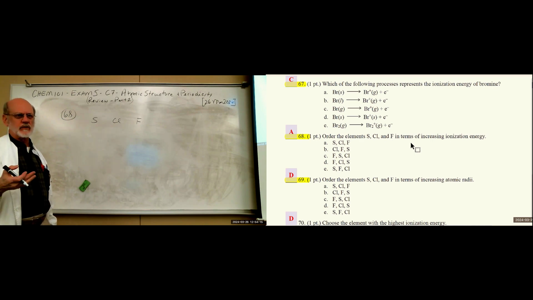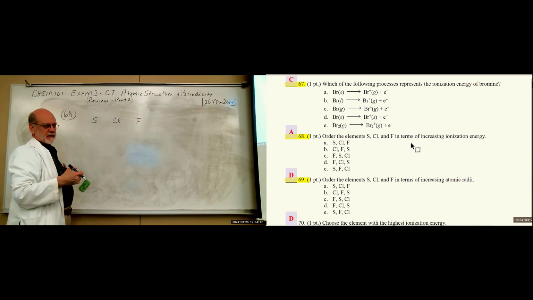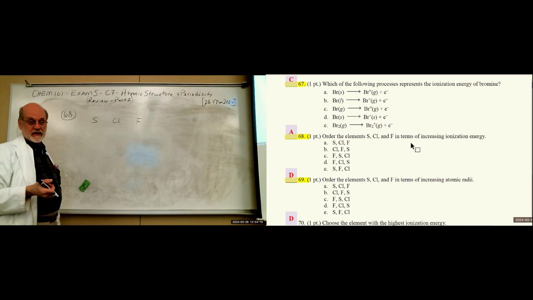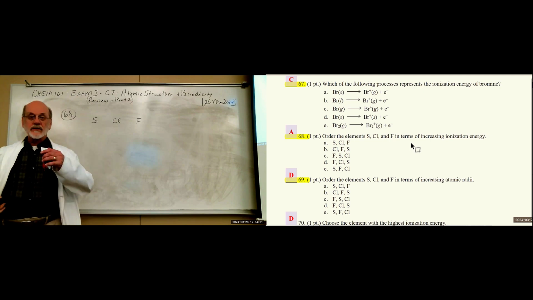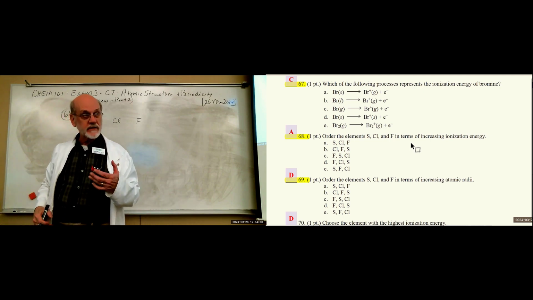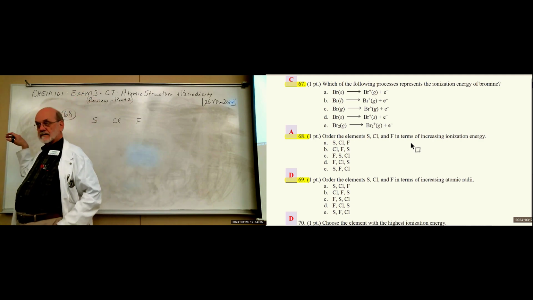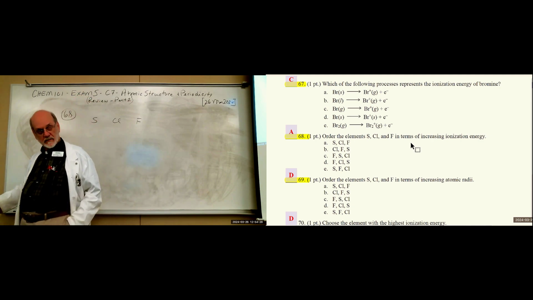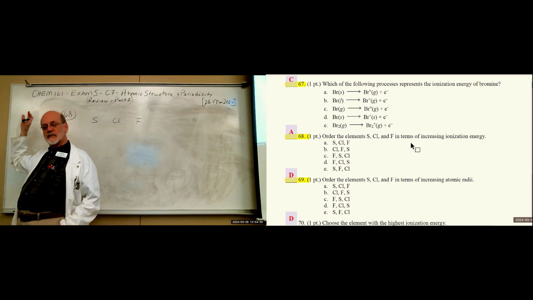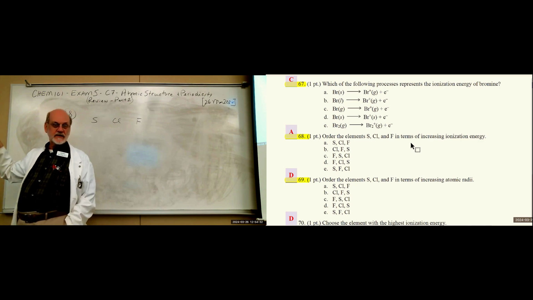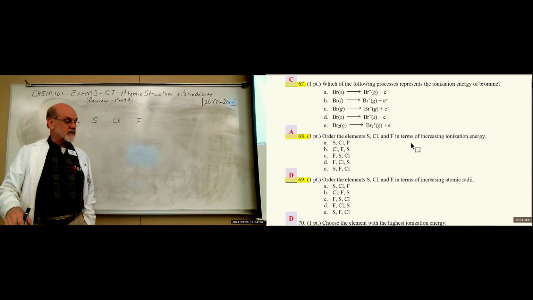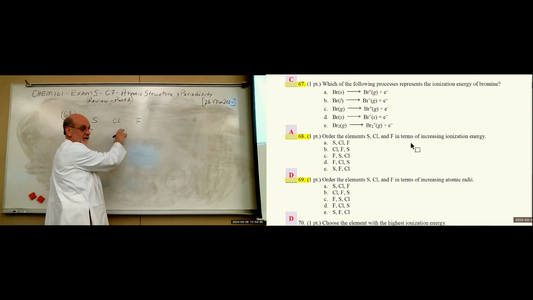Right? That's the only trend we've worked on so far on the periodic table. So how does the ionization energy increase? From left to right and bottom to top. So lower left to upper right increases ionization energy. Fluorine is going to have the highest ionization energy.